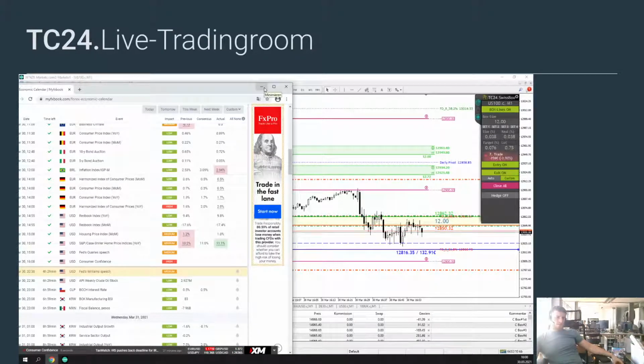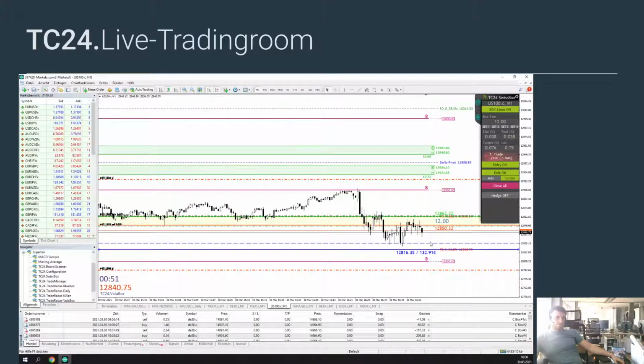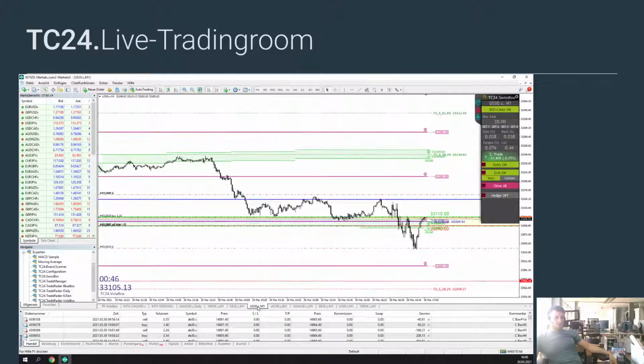So there's the news release. Shame it didn't quite get us to where we need to be. Check out the Dow Jones quick. Second trade in.